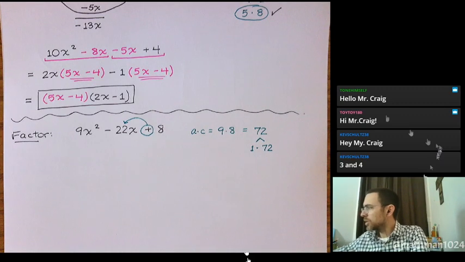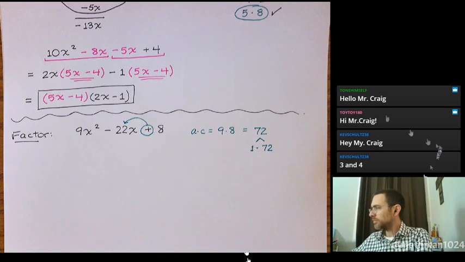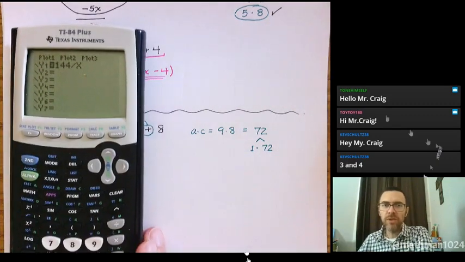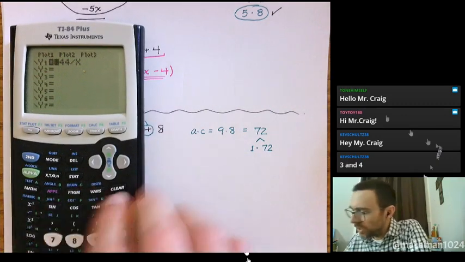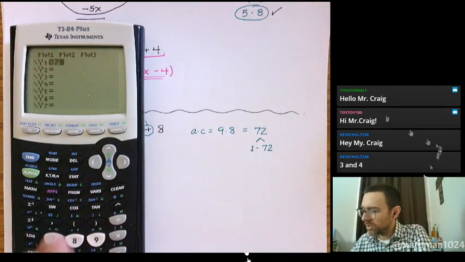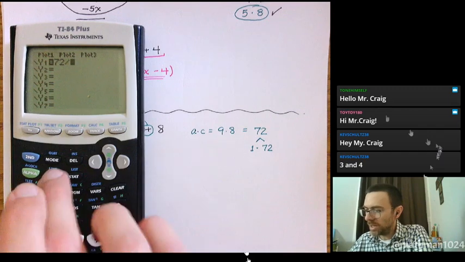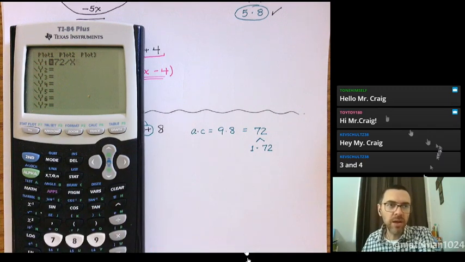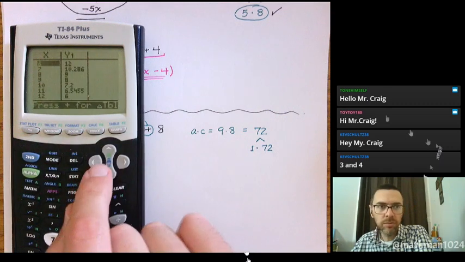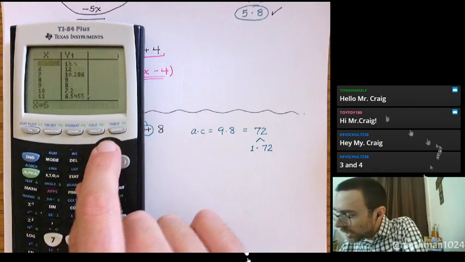So as we were showing yesterday, on our graphing calculator, we can find all of those factor pairs very easily. So I think yesterday we had 144. So today we have 72 divided by x. So if I put that under y1, and I go to my table, okay, I gotta scroll back up here.